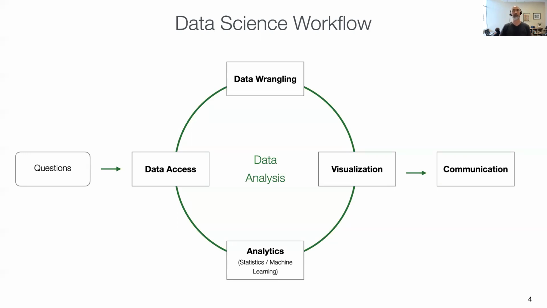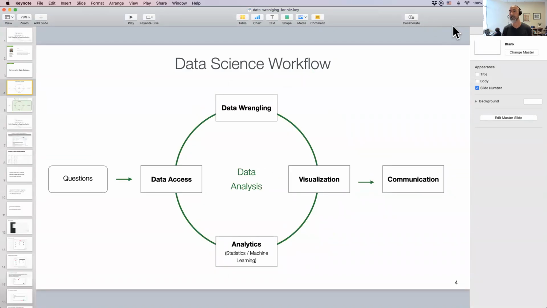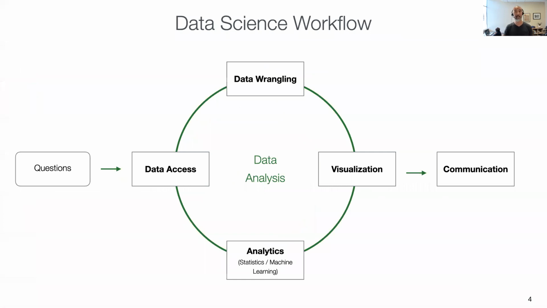So you go through a data wrangling process to clean up and transform it. Once that's done, you can visualize the data so that your eyes can see the patterns and the trends in that data.